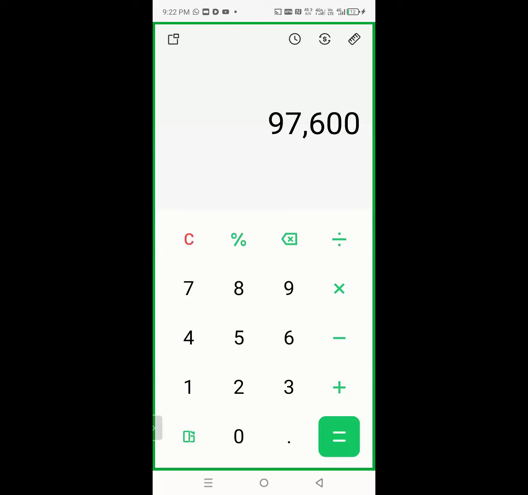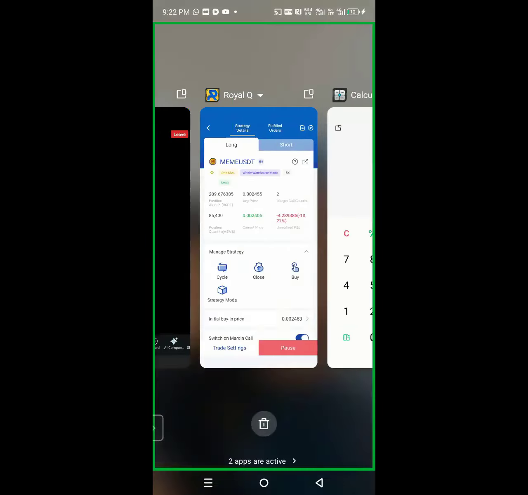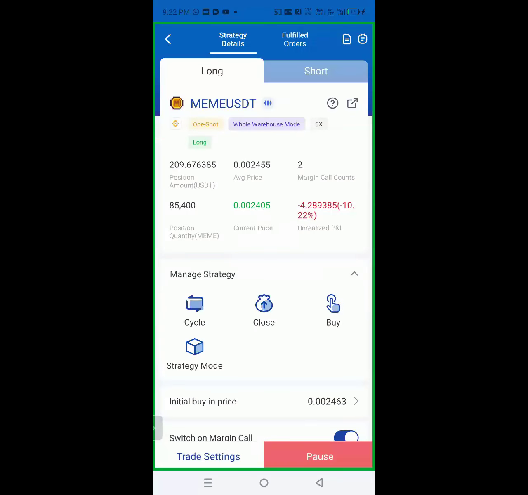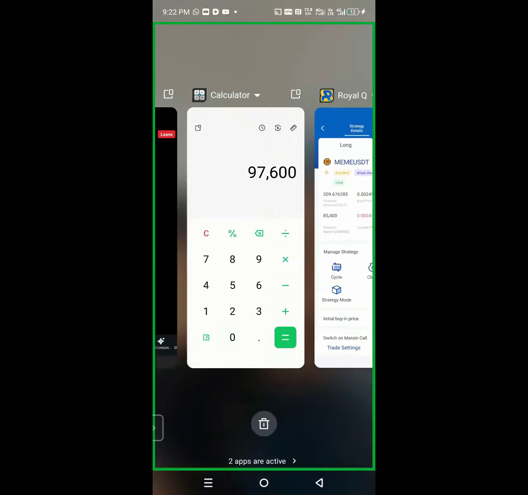So if the quantity of coin in the trade is 97,600, you know that you can get it for lower than $50. So that is why I now increase it so that I will get more quantity at my $50 or highest $55. So is there any other question?